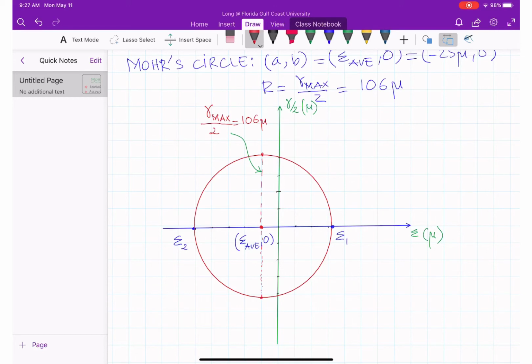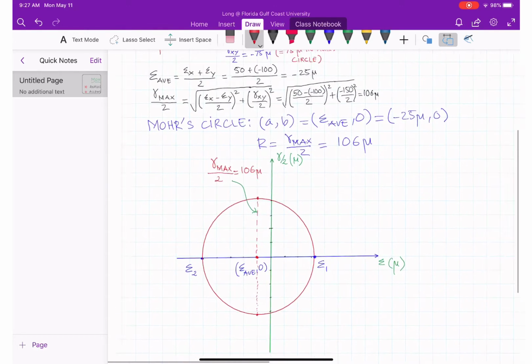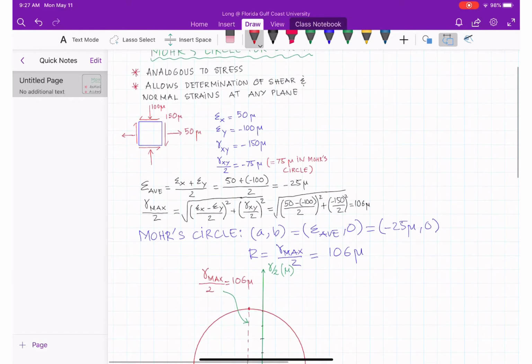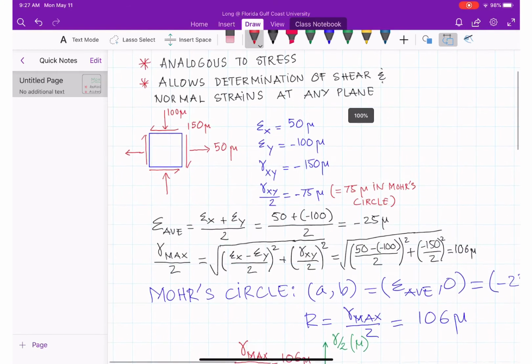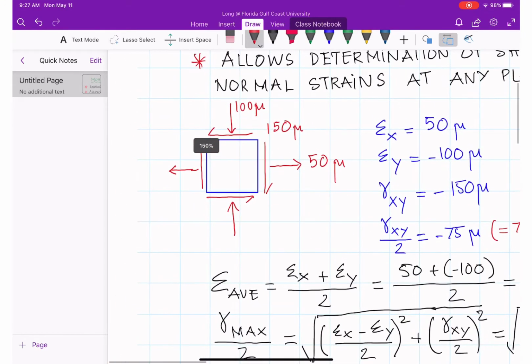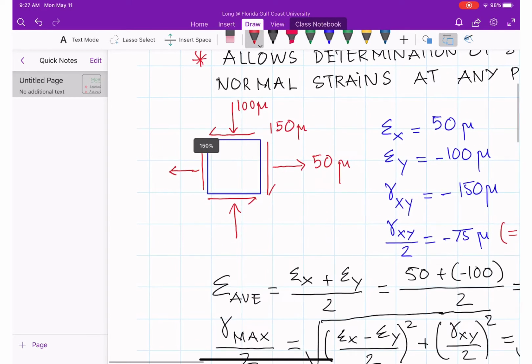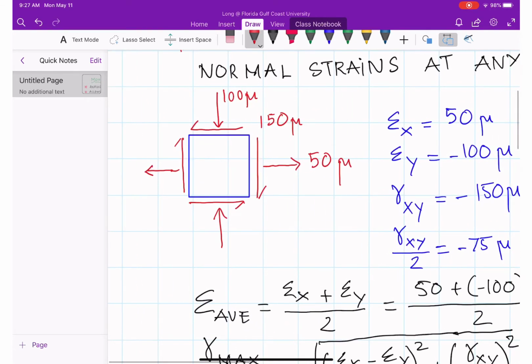And then we can locate, because any point on the Mohr circle represents the state of the strain. In this case, of course, in the previous class we talked about the state of stress, and now strain. The horizontal axis is the x, the positive x-axis. Then the plane is defined by the axis perpendicular to it.